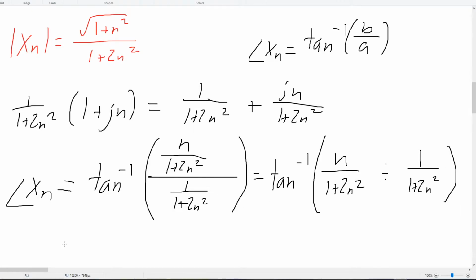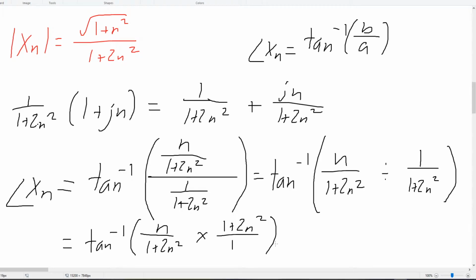So this is inverse tangent of n over 1 plus 2n squared times 1 plus 2n squared over 1. High school mathematics coming back. All right.